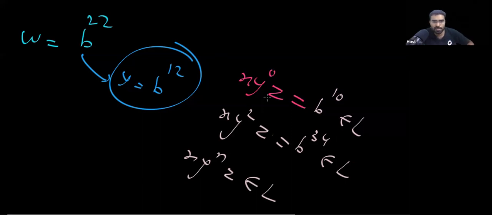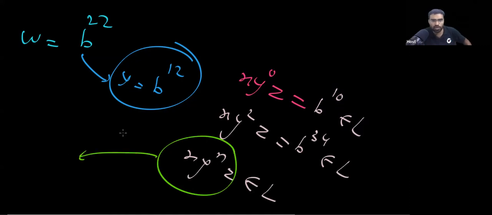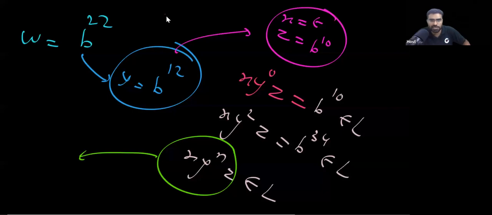Is this clear? Because actually, what is this? If you take y equal to this, then x will be the empty string and z will be b power 10. So what is this one? This is b power 12 power n, b power 10.